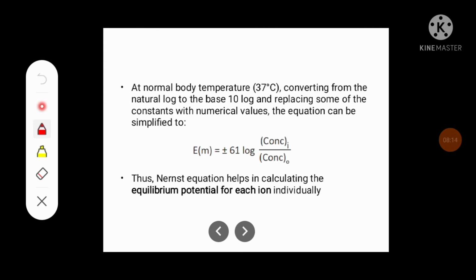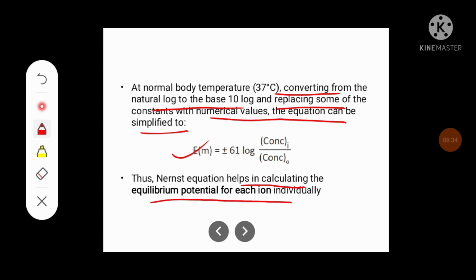At normal body temperature, converting from the natural log to the base 10 log and replacing the constants with numerical values, the equation can be simplified as: equilibrium potential is equal to plus or minus 61 log of the concentration inside by the concentration outside the cell. Thus, the Nernst equation helps in calculating the equilibrium potential for each ion individually.